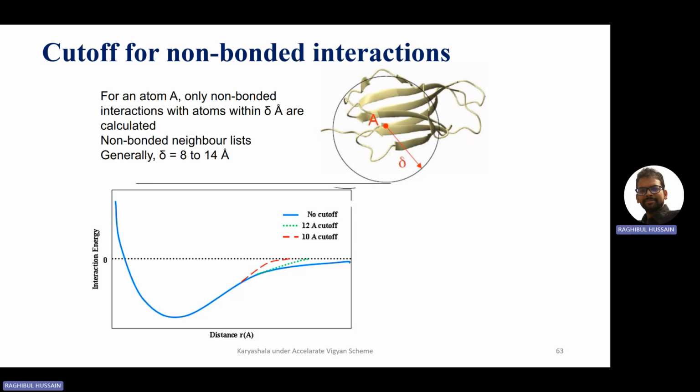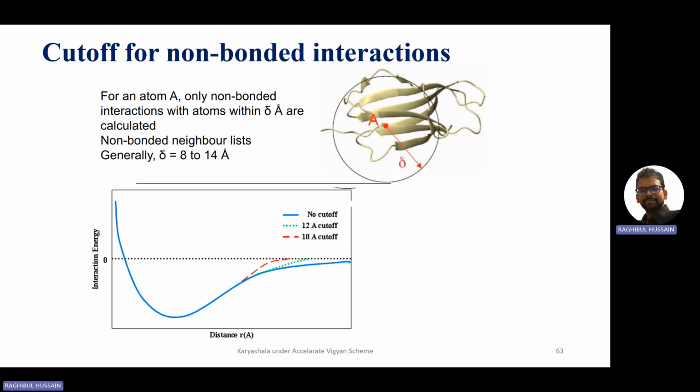Okay, for each and every simulation package, the forcing function is defined, but you have to choose from where this forcing function will start. So it has to start here or here. Whatever the distance from where it will start, you have to choose.